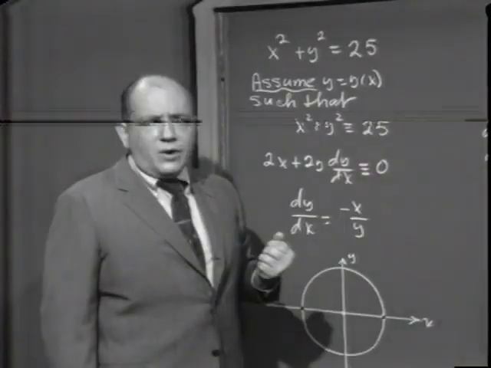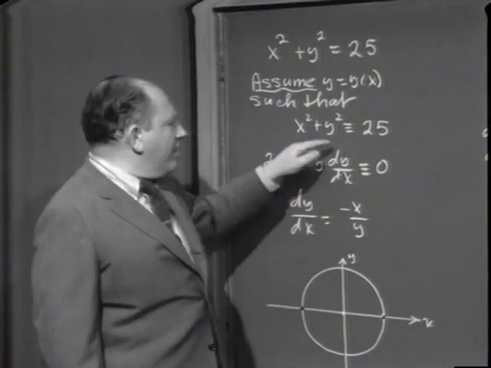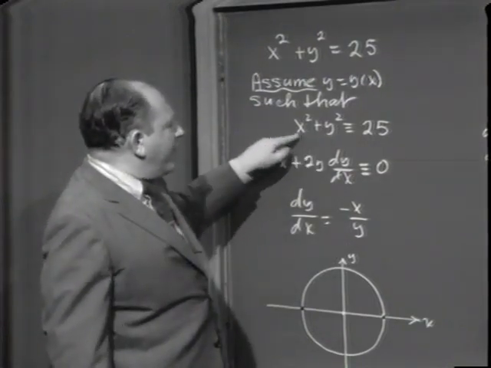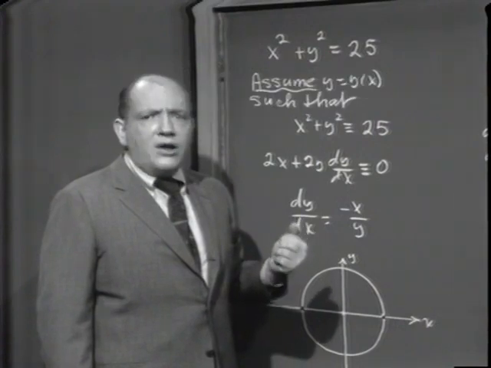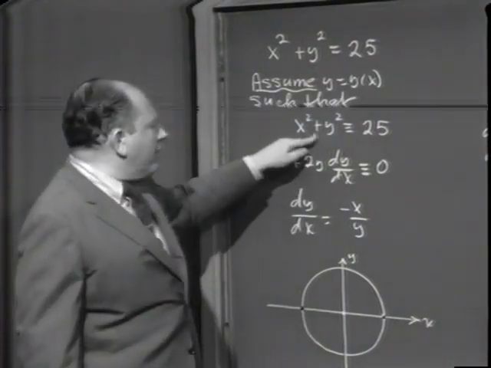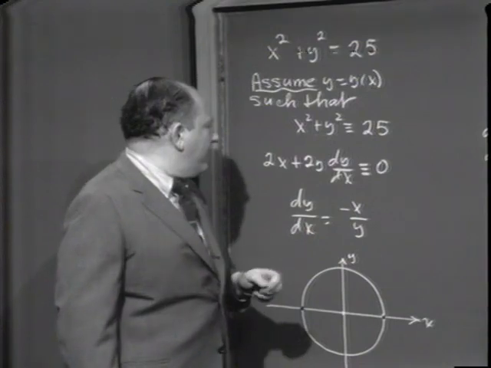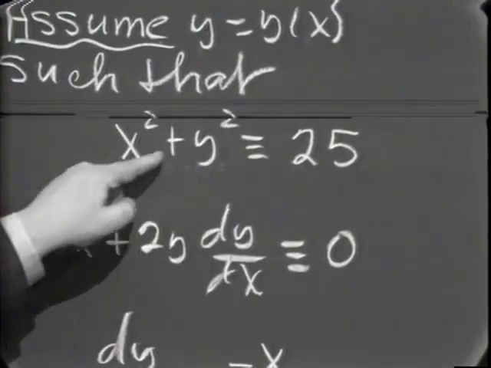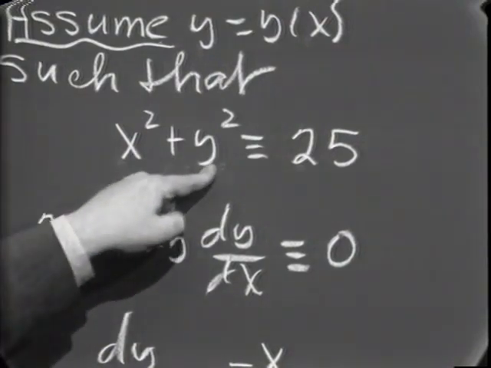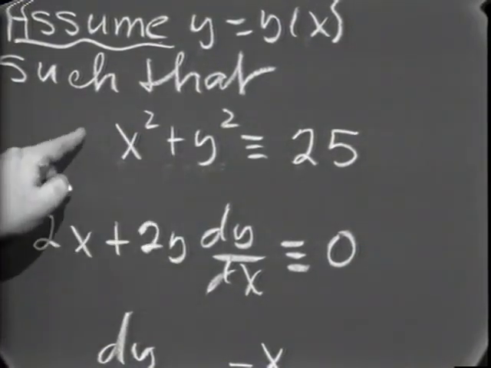Okay? In other words, what it means is that whatever x and y are, they're related in such a way that x squared plus y squared is a synonym for 25. If we now proceed by implicit differentiation here, you see the left-hand side is a function which is the sum of two functions of x. The derivative of the sum is the sum of the derivatives.